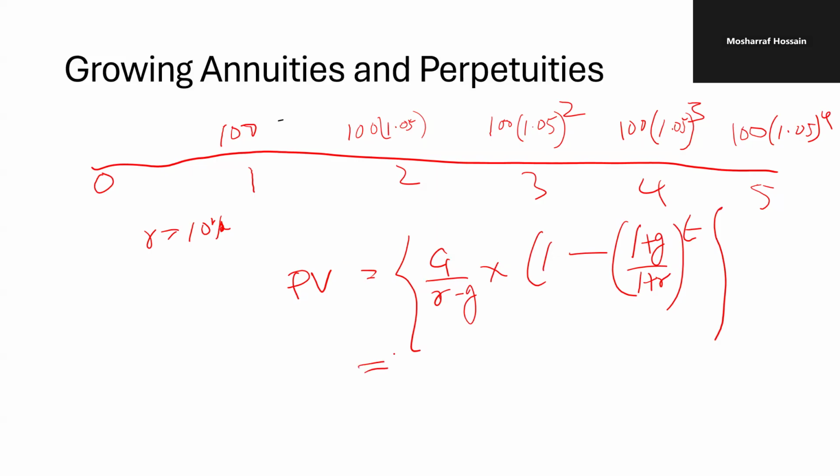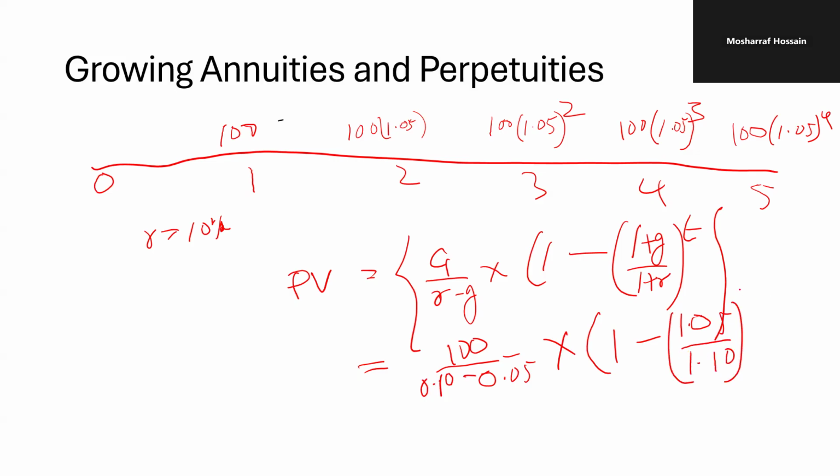So the first cash flow was 100, right? And this is 10% minus 5%, multiplied by 1.05 divided by 1.1, to the power of 5.